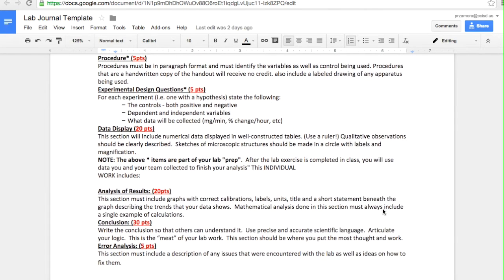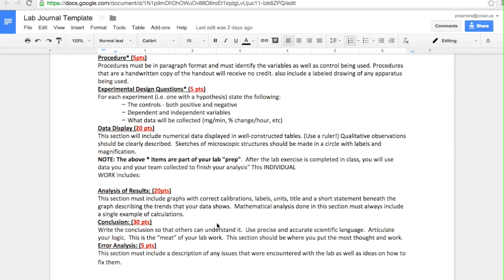For instance, if you look at data display, analysis of results, and conclusion, you will notice that these three sections alone account for 70% of the entire lab grade. This means that these sections are extra important, and you need to take your time and write well thought out information in these sections.